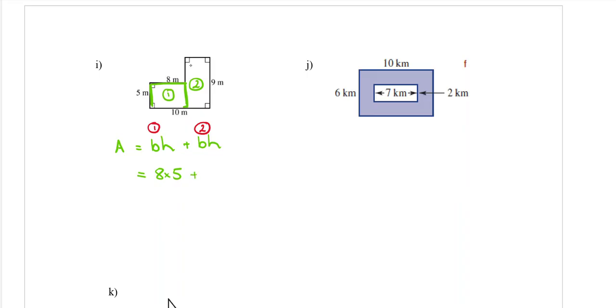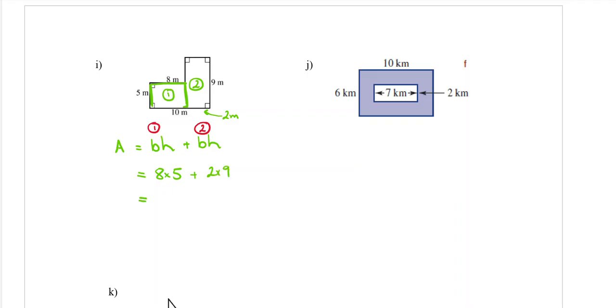Plus, looking at the second rectangle, my base, again, the 10 is the whole way across. So if I just want this little bit, I would do 10 take away 8, which makes this part 2 meters for my base, and the 9 would be the height. So 2 times 9.